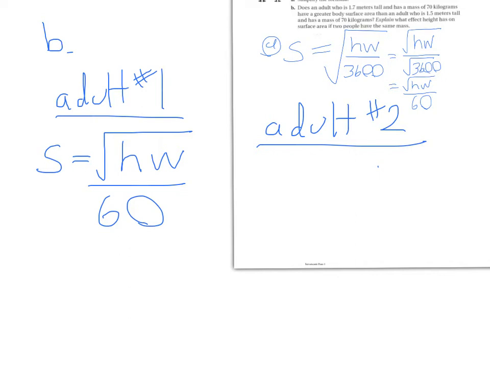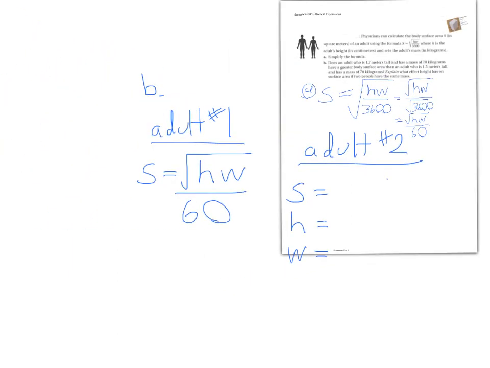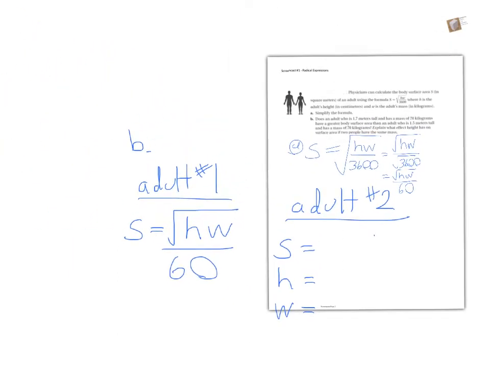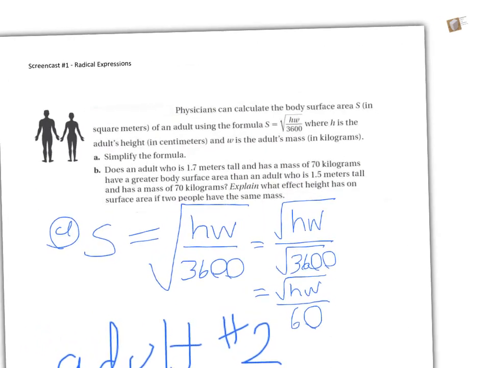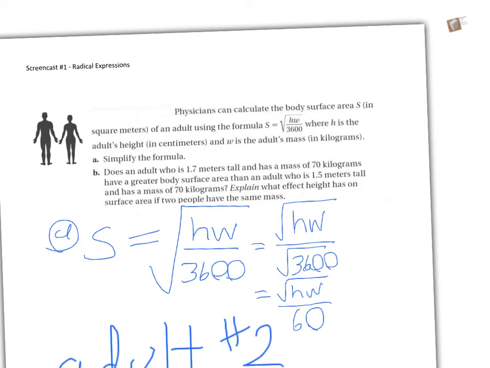Alright, now what we want to do is try to establish some variables here. Well, in this, we have S, we have an H, and we have a W, each representing different things. So let's see, S. Well, if we look back at our worksheet right here, it says S is the body surface area in square meters.